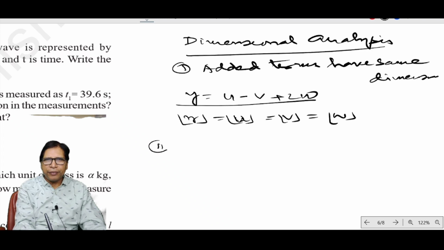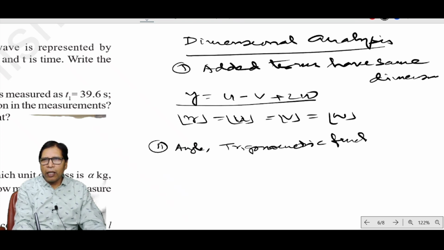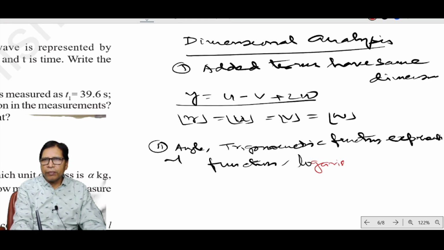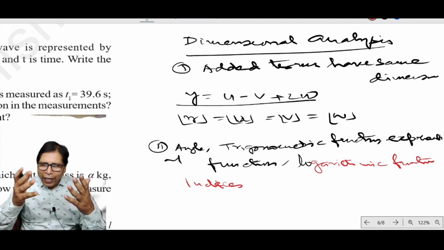Now number 2: angle, trigonometric function, exponential function, logarithmic function, indices, all are dimensionless.